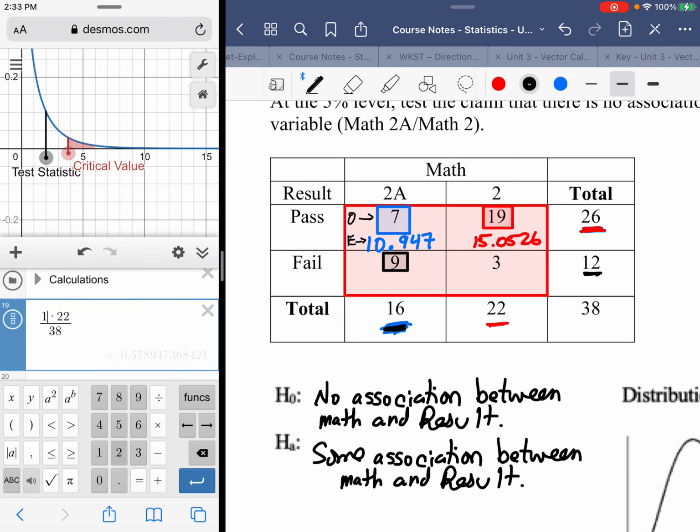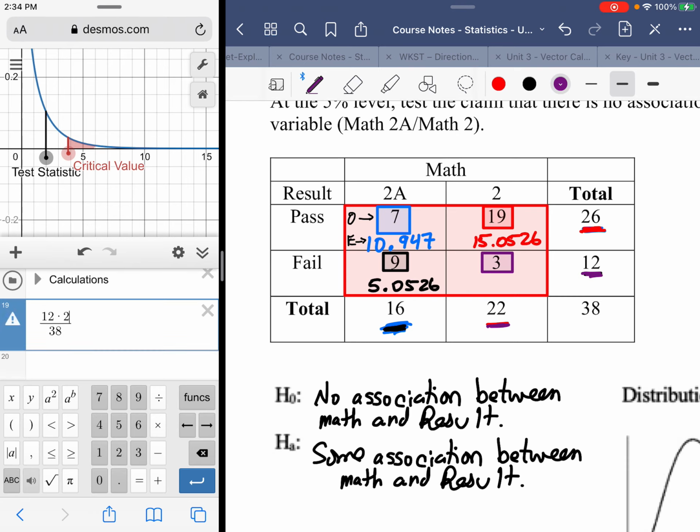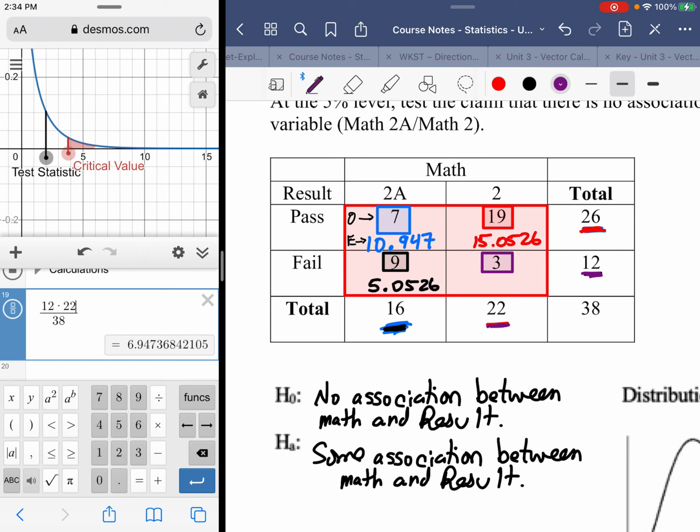So 12 times 16 over the grand total is 5.0526. And then the last one: row total times column total, so 12 times 22, divided by the grand total of 38 is 6.947.